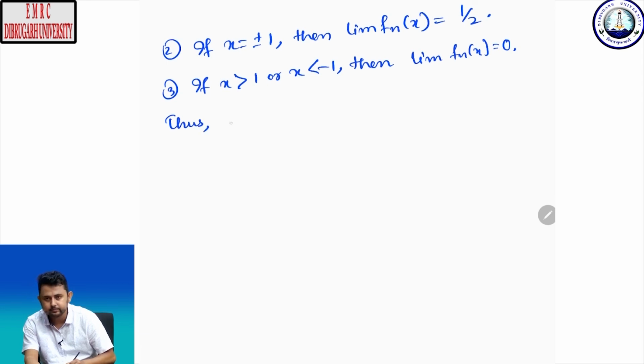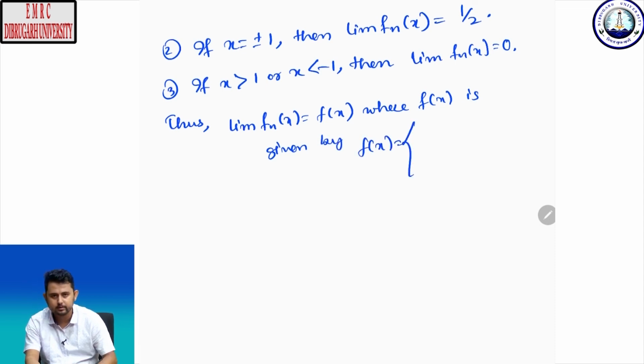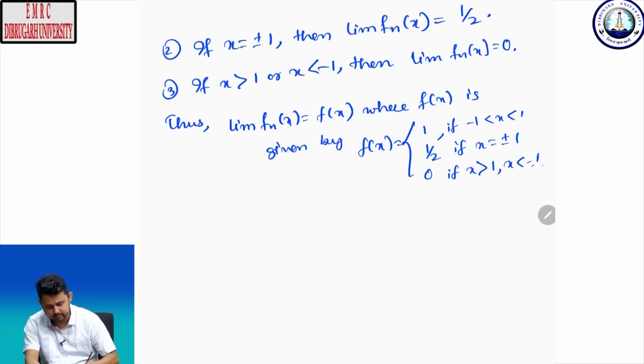Thus, limit fn(x) equals f(x), where now my limit function f(x) is given by f(x) equals 1 if x lies between -1 and 1, half if x equals plus or minus 1, and 0 if x is greater than 1 or less than -1.